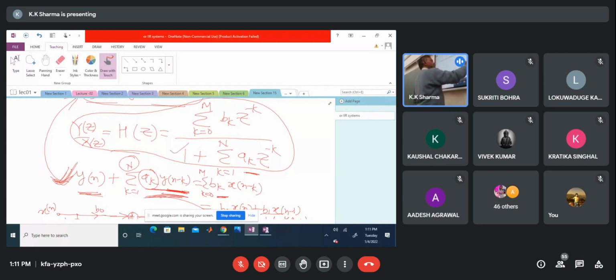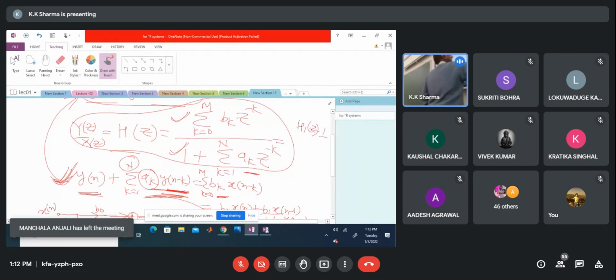Whether I implement the poles first or the zeros first hardly matters, because I can write H1 of z into 1 upon H2 of z. It is a cascade of the implementation of H1 with 1 upon H2 of z.